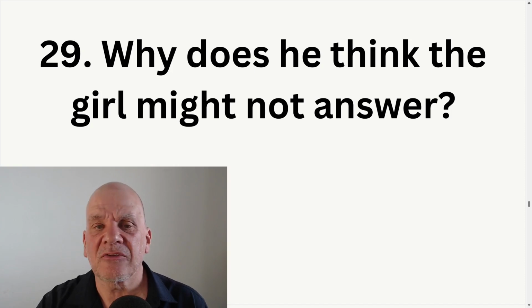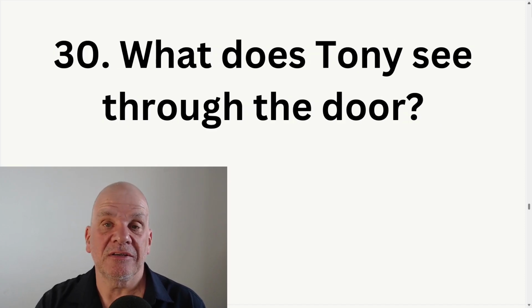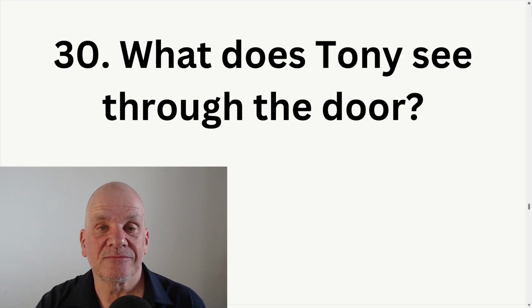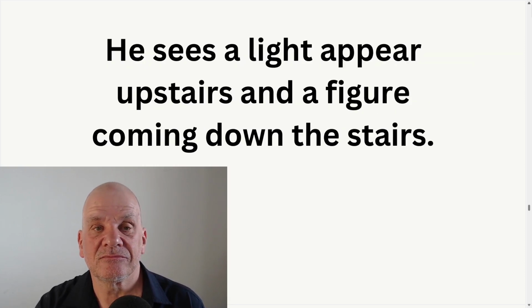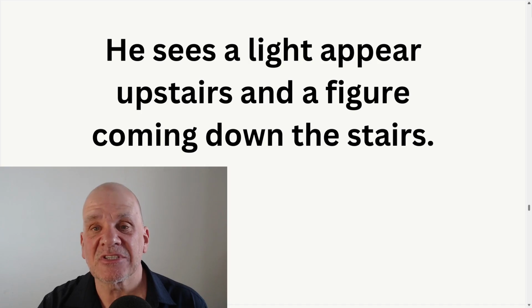Why does he think the girl might not answer? He thinks she may have gone straight to bed. 30. What does Tony see through the door? He sees a light appear upstairs and a figure coming down the stairs.